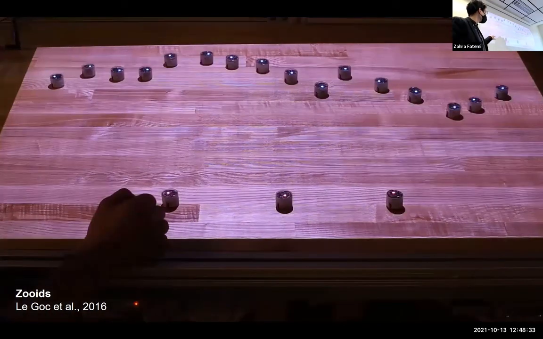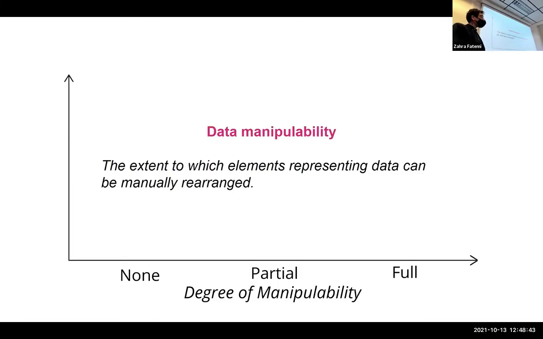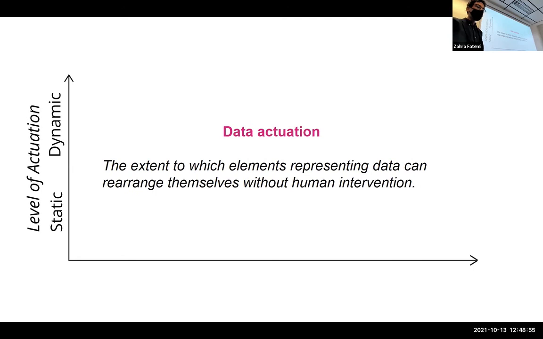And zoids are what I'm going to use in this example to talk about composite data physicalization. So if we look at physicalizations in general, we can talk about them in terms of how manipulable they are. That's the extent to which the elements that represent data can be manually rearranged, but also the level of actuation, which is the extent to which the elements can rearrange themselves.